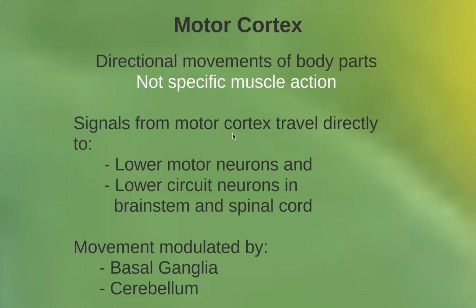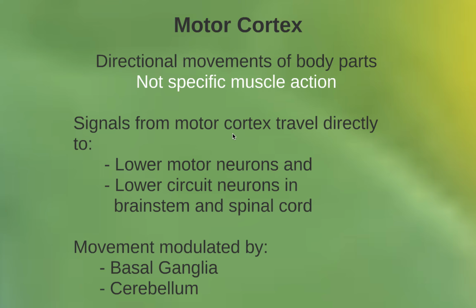So the motor cortex. Motor cortex is responsible for directional movements of body parts, but not specific muscle action. The motor cortex is essentially responding to what it's being told by the thalamus and what it's being told by the premotor cortex, as well as the frontal cortex. So it's not deciding what muscle to engage.